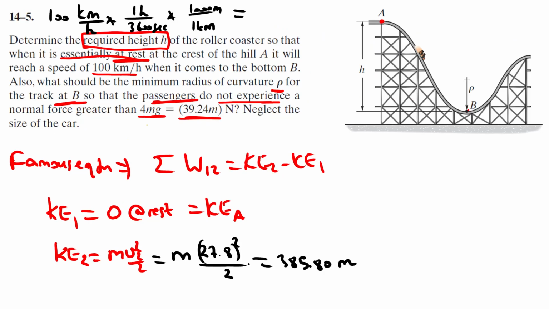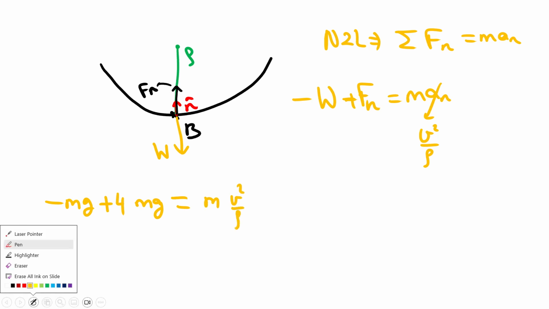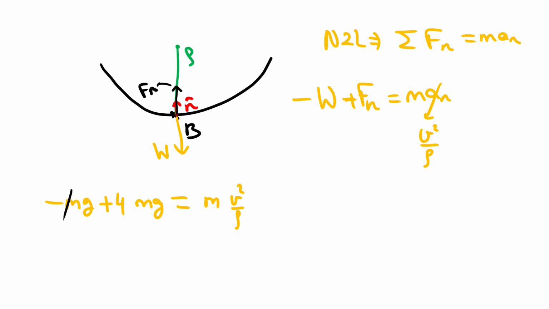Let's see. And that will be equal to m and then v squared by rho. And then cancel all the m's. M cancels. And then the v squared we can find. Then rho will be v squared by 3 into g.